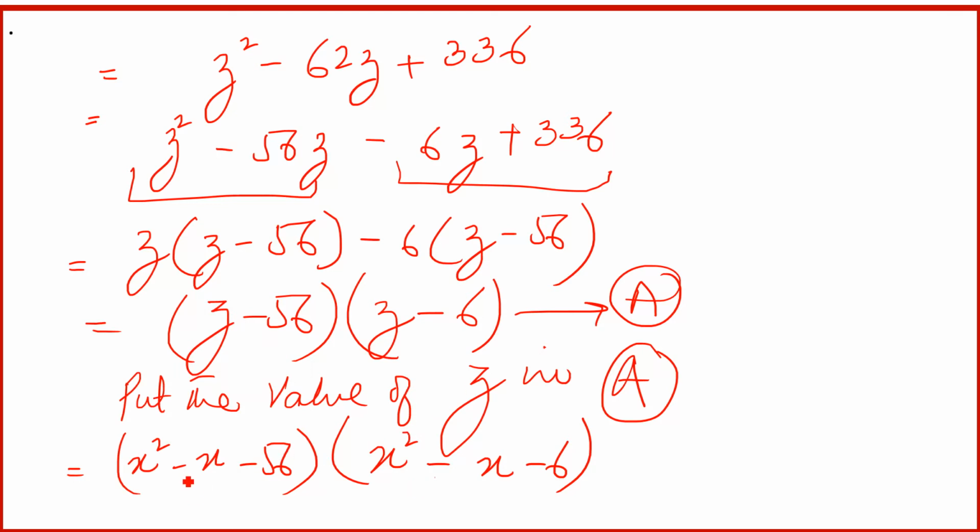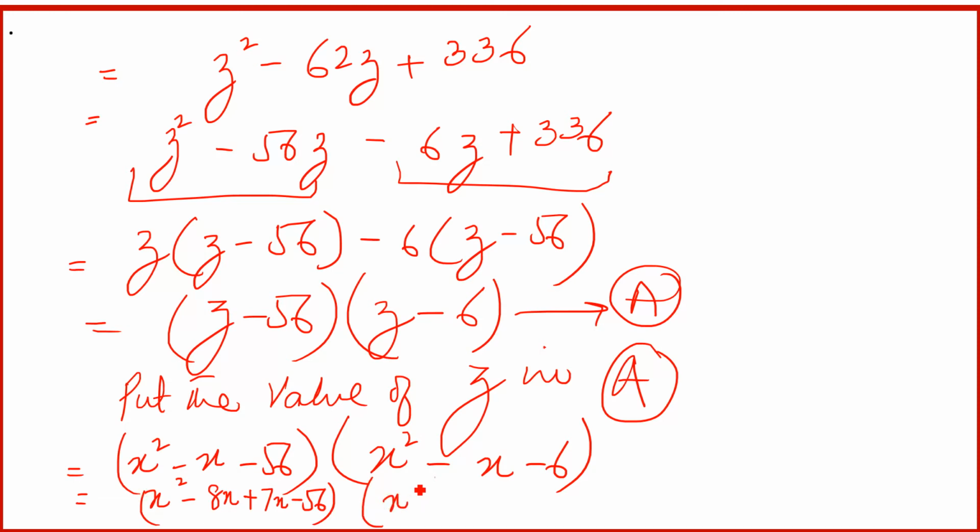Okay, so see, again, this is important. We can make the factorization of both. So it will be x² − 8x + 7x − 56 for this parenthesis.